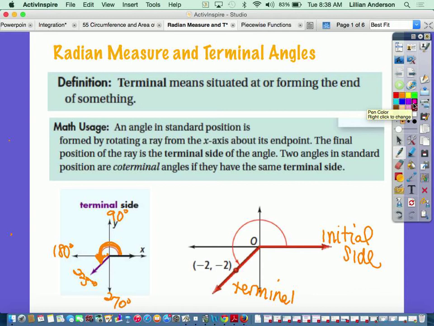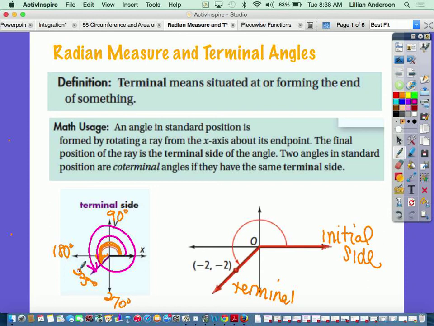A coterminal angle would be if I continued to rotate this terminal side an additional 360 degrees. Say I started here on the x-axis, rotated it and kept turning it, but still ended up at this same position. Does everybody see that? What would that angle be?